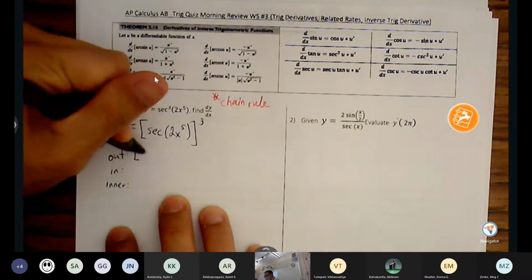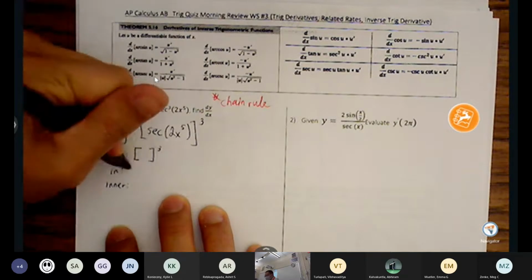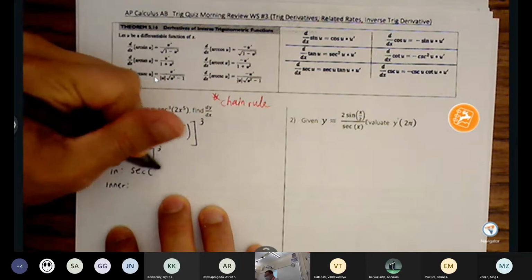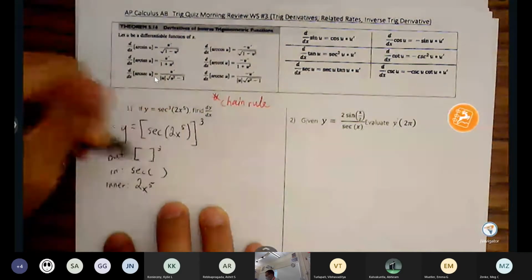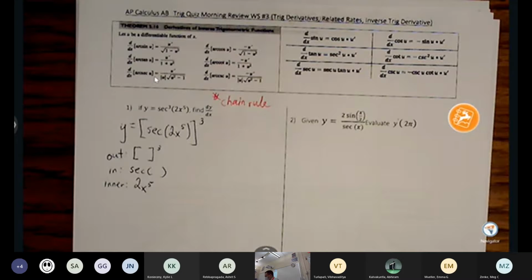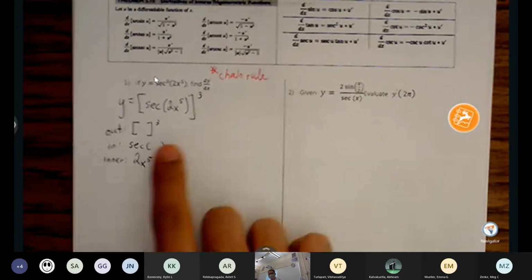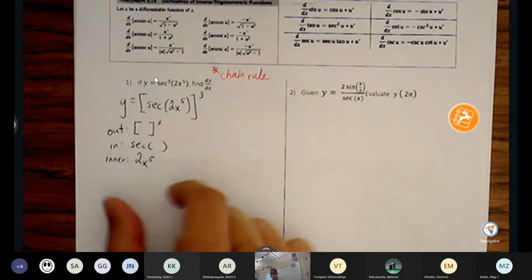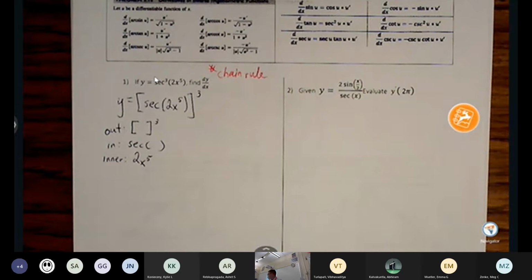Outside is the bracket cubed, followed by secant parentheses, and followed by the 2x to the fifth. Okay, we take turns with each derivative, making sure that each derivative occupies a separate space from each other.